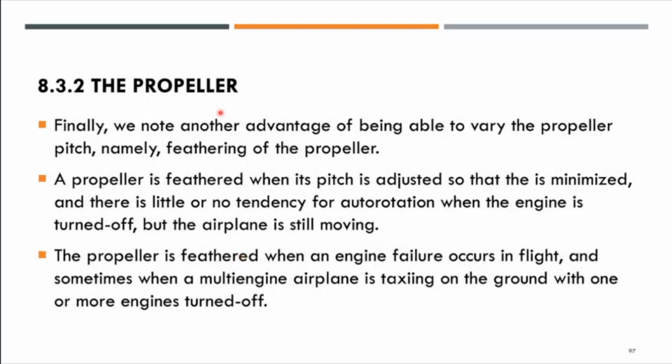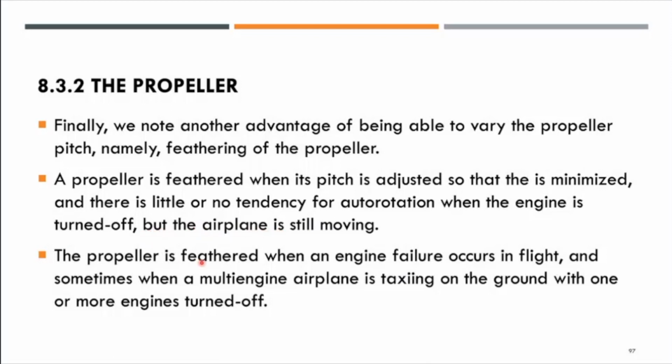Finally, we note another advantage of being able to vary the propeller pitch, namely feathering the propeller. The propeller is feathered when its pitch is adjusted so that drag is minimized and there is little tendency for auto-rotation when the engine is turned off but the airplane is still moving.